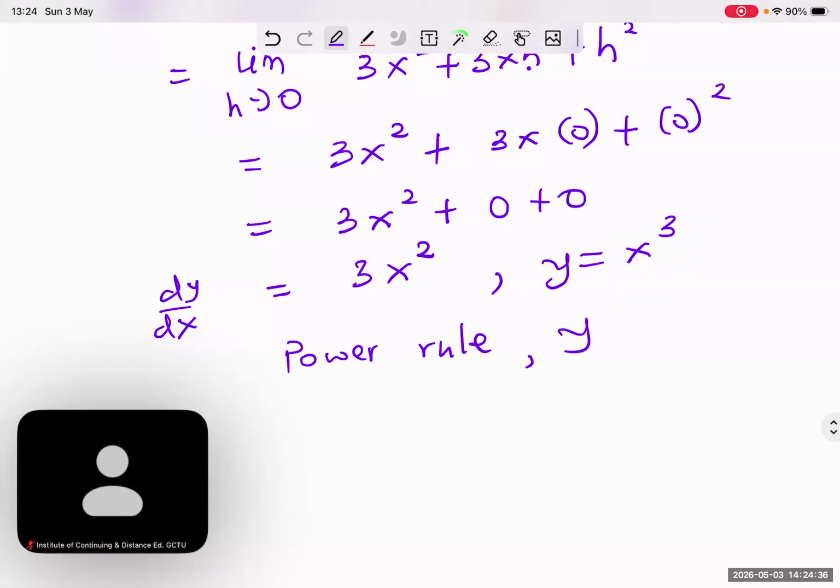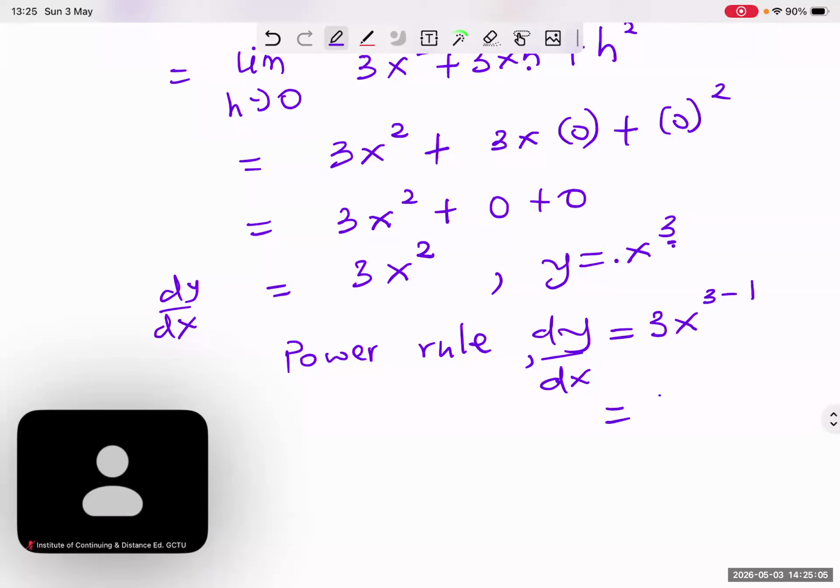Using the power rule of derivative, change in y over change in x is equal to multiply the power, and the power in this case is 3, by the coefficient of the variable x. The coefficient of this variable is 1. So I'll have 3 times 1, and that is 3x. Next is to subtract 1 from the power: 3 minus 1.